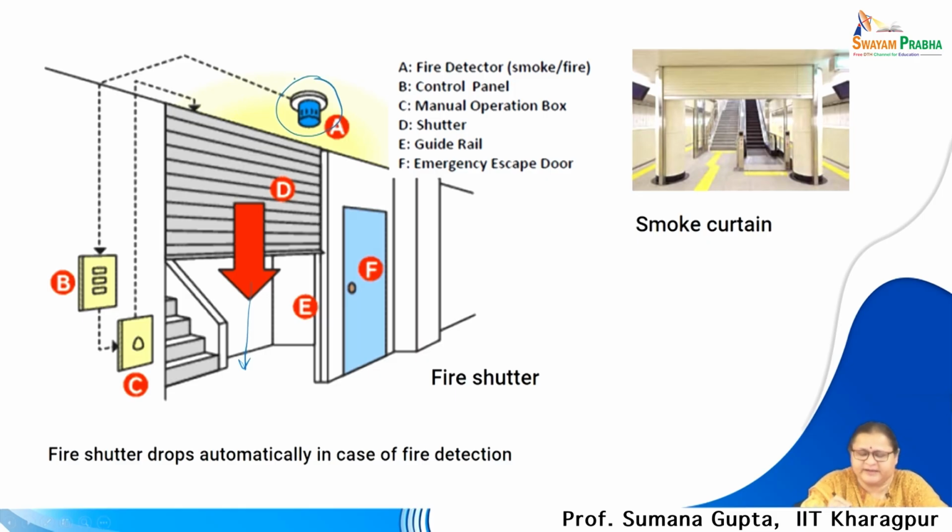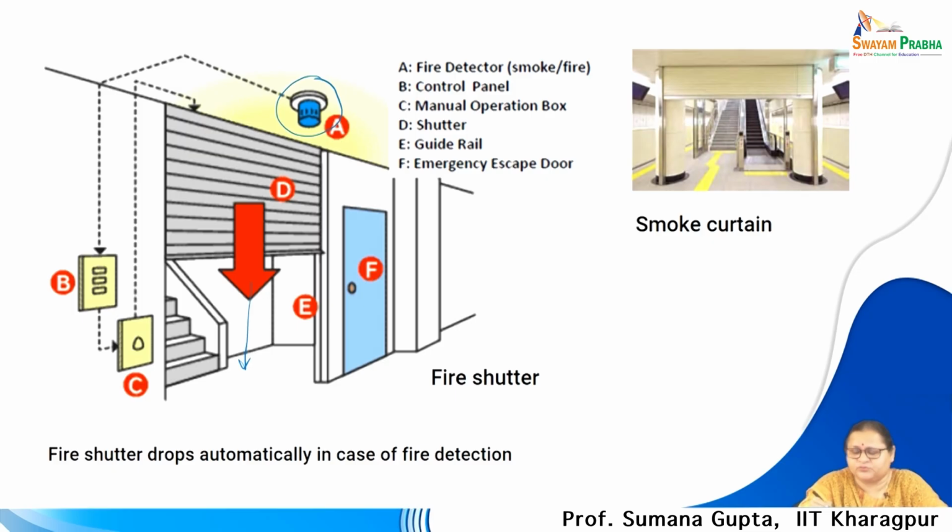Here you can see the control panel, the manual operating box, the shutter, the guiding rail and the emergency escape door. So this door closes, and anyone inside can operate this fire door and escape. Even people who come for rescue operation can enter through this into the underground station.